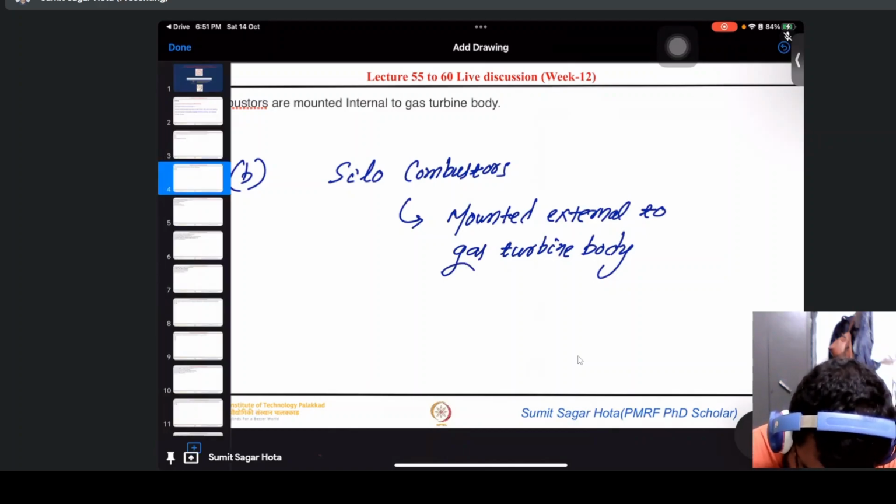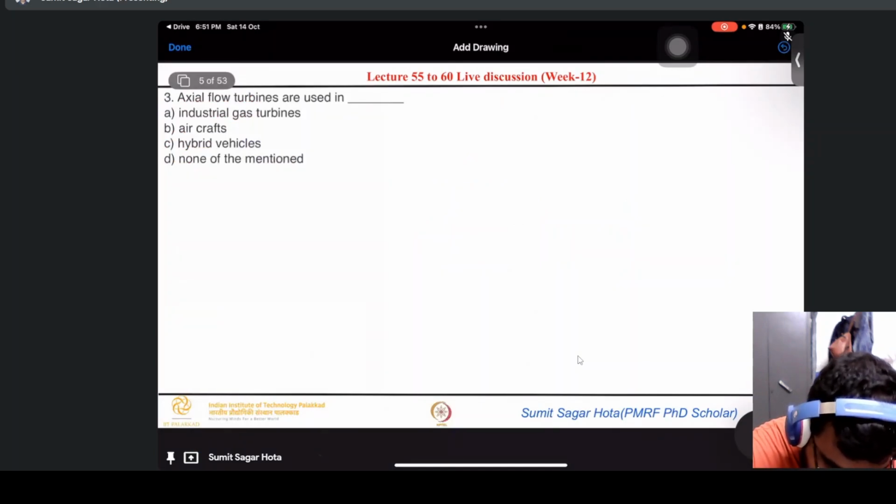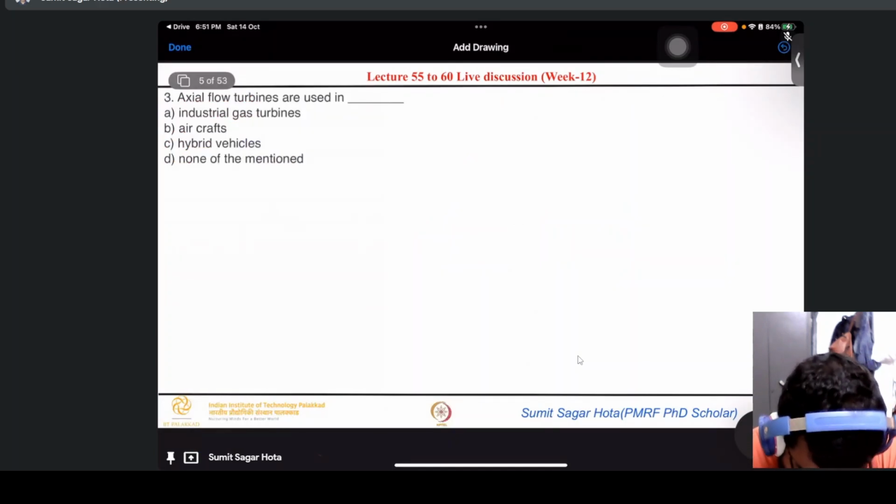Axial flow turbines are used in what? Industrial gas turbines. Axial flow turbines are always used as industrial gas turbines.